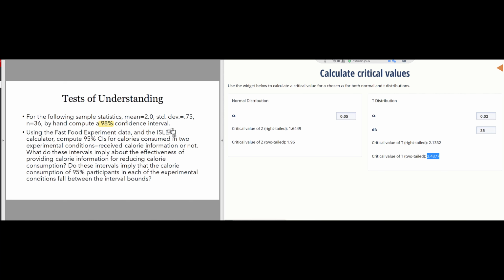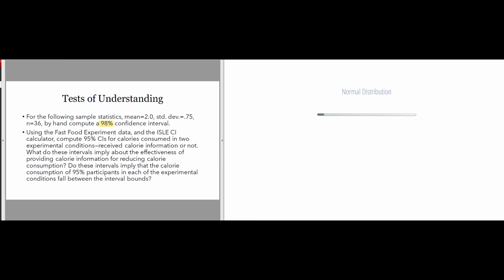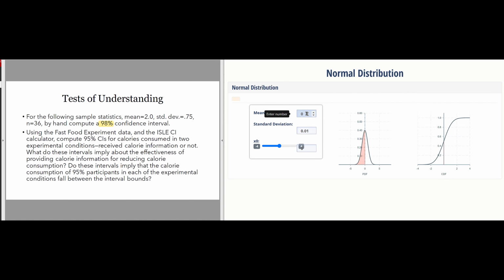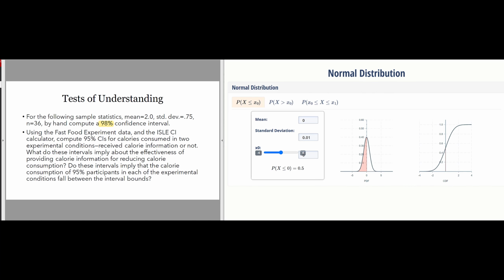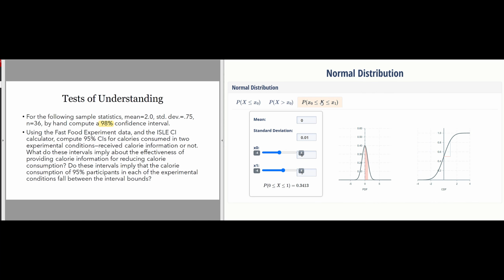2.4377. Then we're going to go to our normal distribution. I need to refresh this so that I can see the available tests. We want this test. We want a 98% confidence interval.